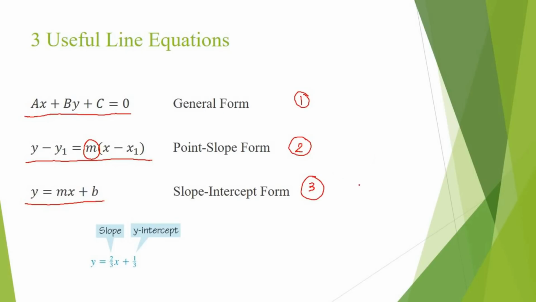Now, m stands for the slope. Suppose we have point 1 and point 2. This is our point 1 and this is our point 2, with coordinates x1, y1, and for point 2, we have x2, y2.